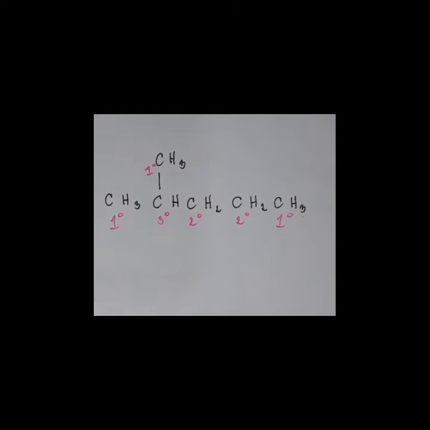At this time, for problem 2.8, identify the carbon atoms in the following molecules as primary, secondary, tertiary, and quaternary. For letter A, we have CH3, CH bonded to CH3 also, then CH2, CH2, and CH3. This carbon atom is primary because it is only bonded to one carbon.